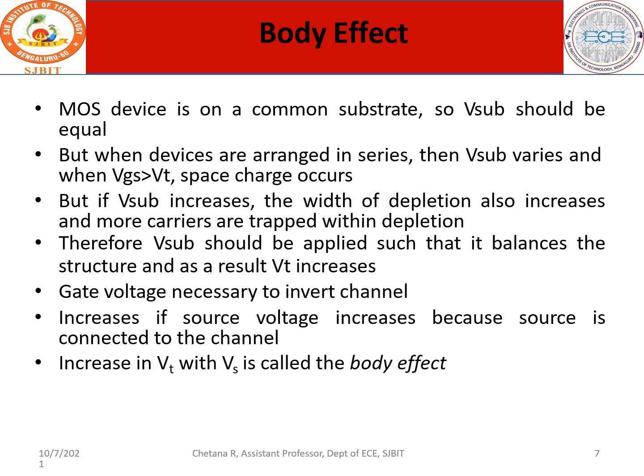As a result, many effects happen. If the substrate voltage varies, the width of the depletion region also increases, more carriers are trapped there, and you will see only saturation current. Therefore the substrate voltage should be applied such that it balances the structure, and the threshold voltage is also normal. So the gate voltage is necessary to invert the channel.